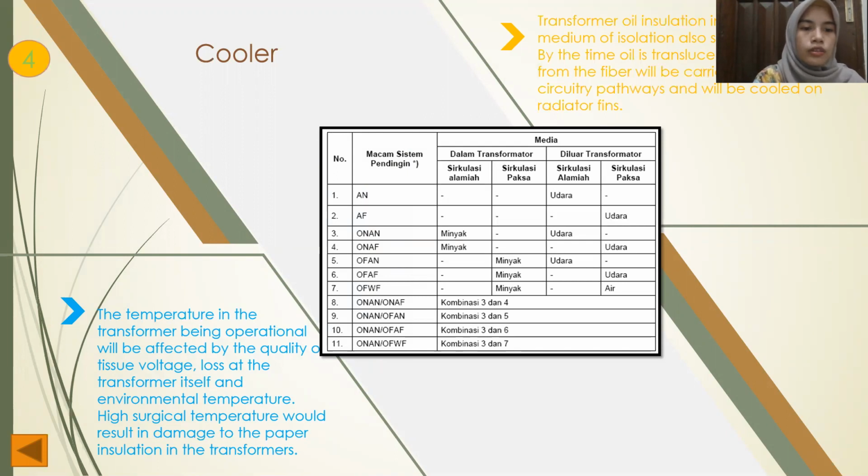The temperature of the transformer being operational will be affected by the quality of network voltage, losses, the transformer itself, and environmental temperature. High cyclical temperature would result in damage to the paper insulation in the transformer.